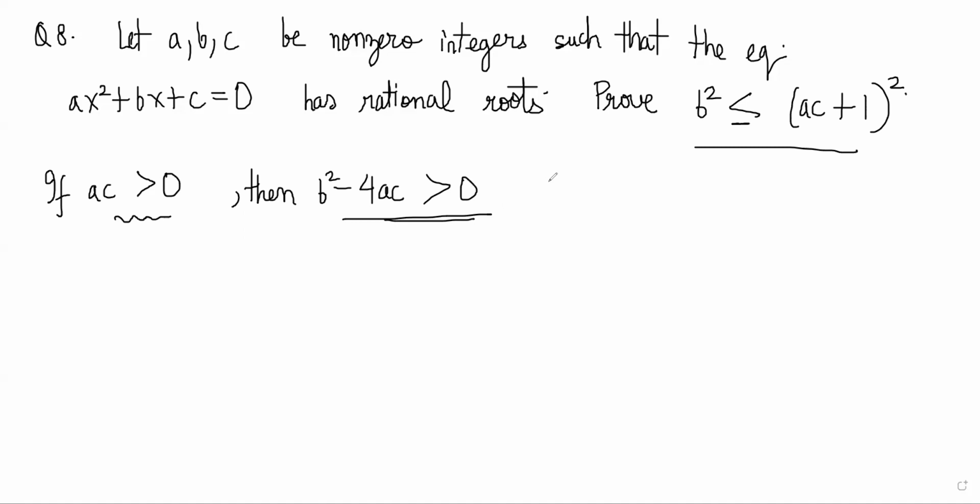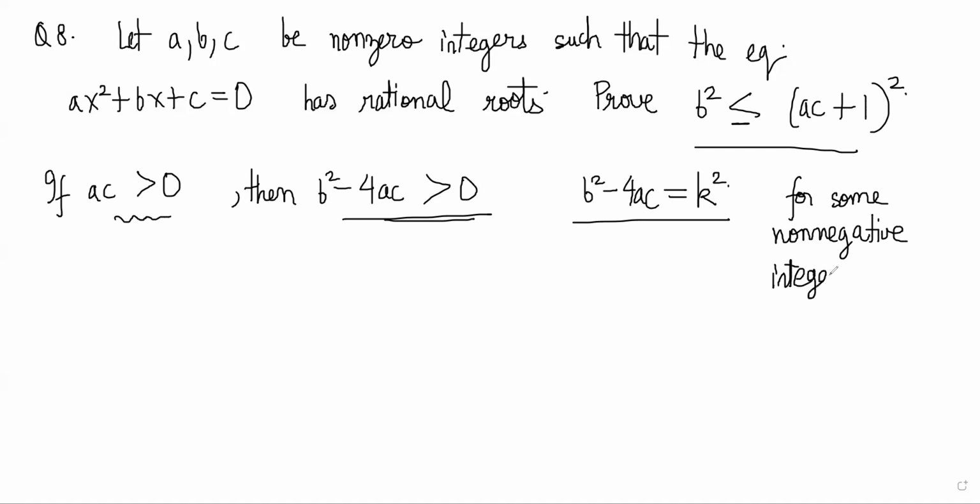Therefore, B square minus 4AC could be written as K square for some non-negative integer K less than mod of B. See, if AC is greater than 0, B square minus 4AC is equal to K square for some non-negative integer K less than mod B.